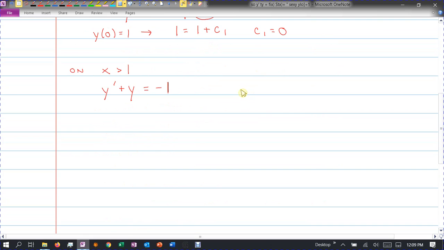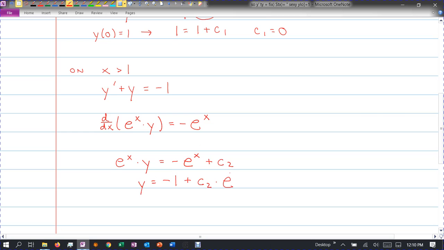And when we do that and go through the same story, we get d dx of e to the x times y equals negative e to the x, and then we integrate both sides, we get e to the x times y equals negative e to the x, so the antiderivative of that's just that, and then plus some other constant. And so that means that y is equal to negative 1 plus c sub 2 times e to the negative x.